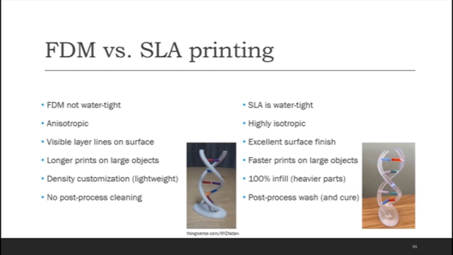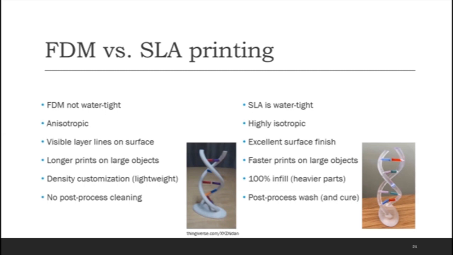Then the good thing about FDM is actually that you can customize the density inside your print. So 10% infill density is the default, and you get a nice lightweight print. And that's actually why most people prefer using FDM, because it's really light. PLA is a very light plastic, so you can use that for specific applications that need light plastic.